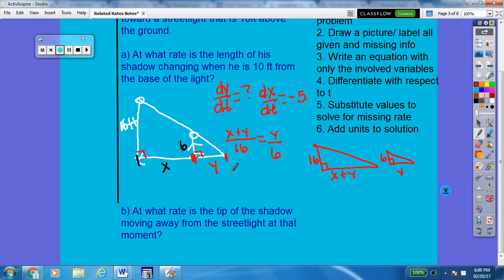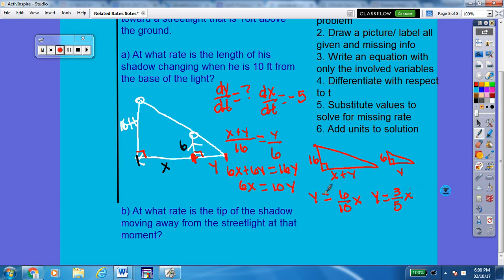So I'll cross multiply and do 6x plus 6y equals 16y, and then subtract 6y from both sides. So y is going to equal 6/10 x, also known as 3/5 x.